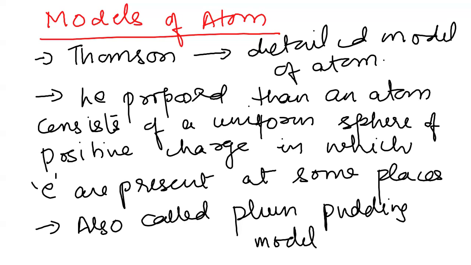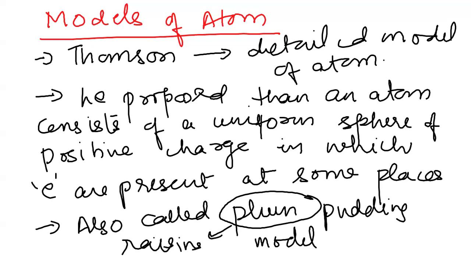They are electrons. Therefore this model is also known as the plum pudding model. So the question is, what is the name of Thomson's model? It is the plum pudding model.